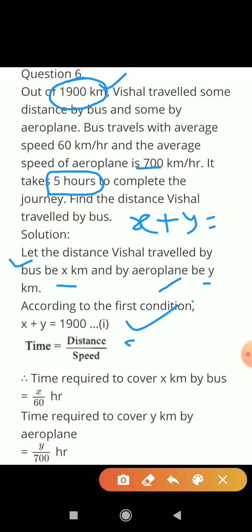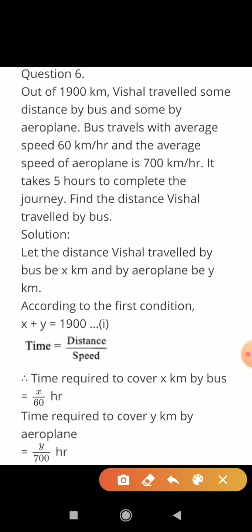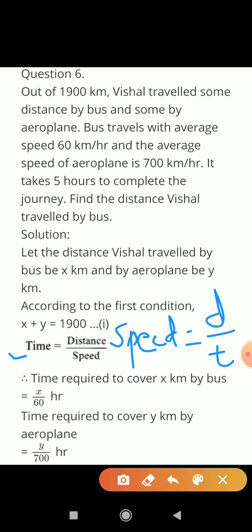So we know the formula of speed, here I write the formula. Speed is equal to distance divided by time. So we have to convert this formula, and we get time equal to distance divided by speed.